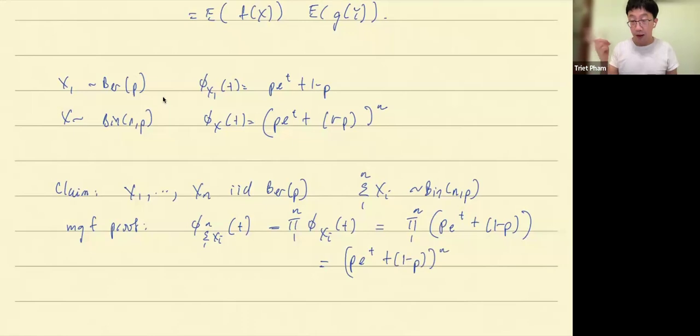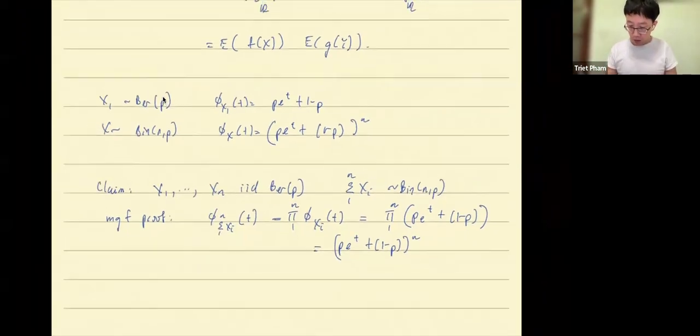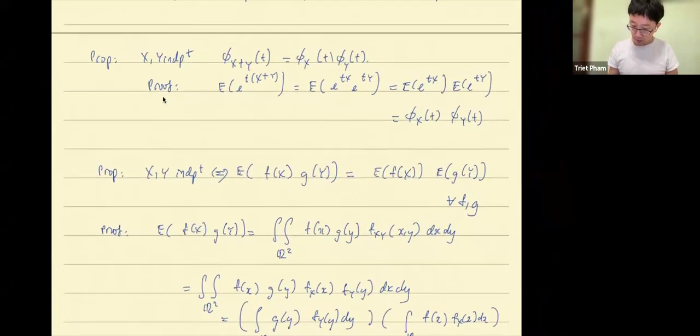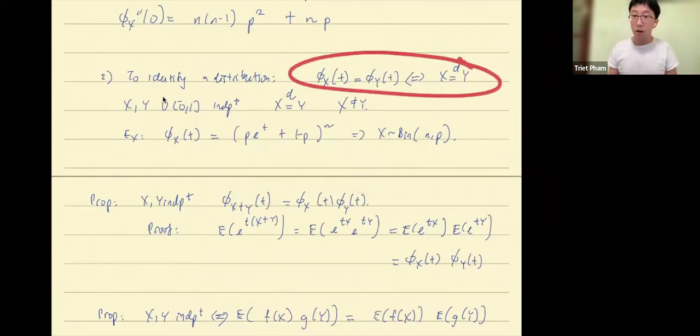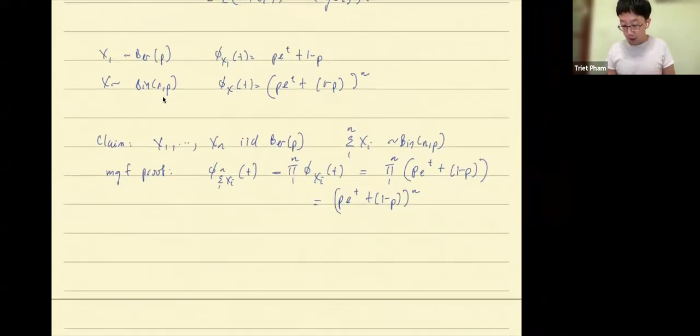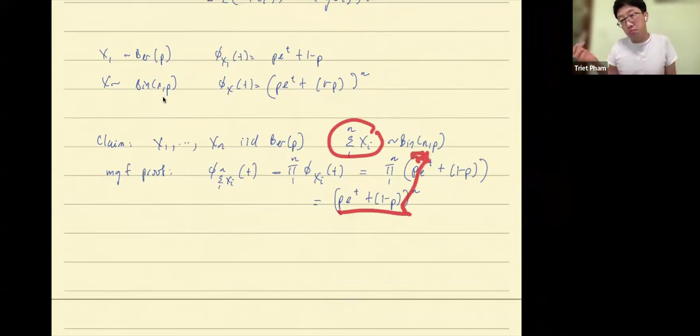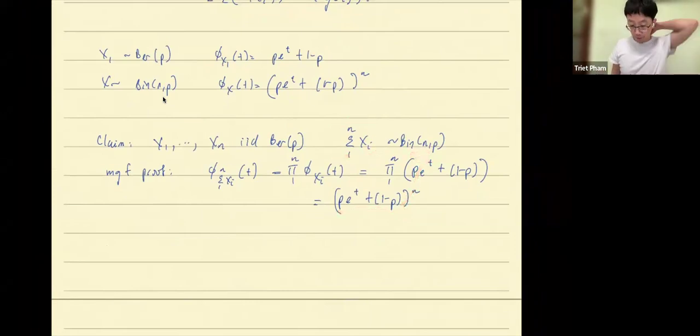And now here's where we use this fact: if two random variables have the same MGF, then they have the same distribution. Here, the sum of the Bernoullis has exactly the same MGF as a binomial(n, p). Therefore, it has a binomial(n, p) distribution. That's the proof. Any question?